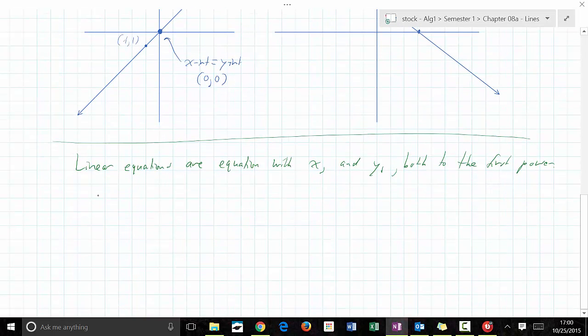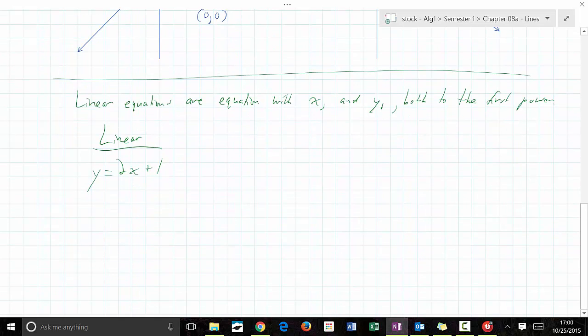So I'm going to show you some examples of linear equations. Here's a classic one, y equals 2x plus 1. It's very simple. It's set equal to y, and I can see that I have a first power on the y and the x. It's linear. There's nothing being squared.